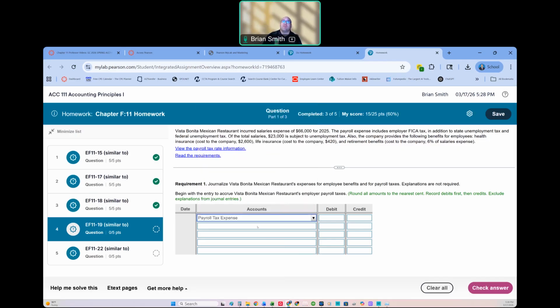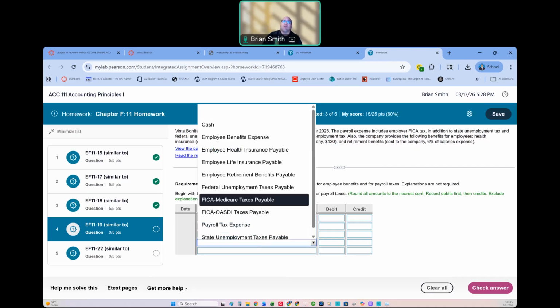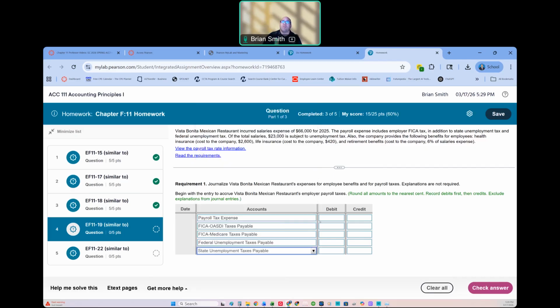Payroll tax expense. So we're going to be doing the company share of Social Security, Medicare, and then our federal unemployment taxes and our state unemployment taxes. Social Security, under better circumstances, we would have that already calculated. Incurred salaries expense of 66,000.